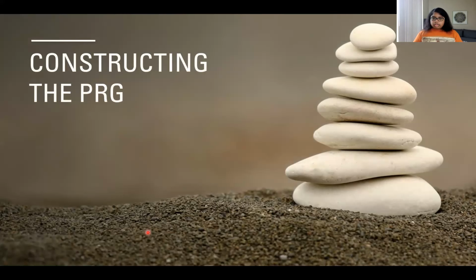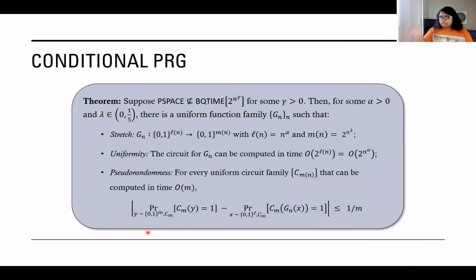Before I go into the construction of the PRG, are there any questions I can answer? Okay, if not, let's go ahead and try to construct this thing, or maybe deconstruct this thing, because you have to prove its security. So this is just a placeholder to help us recall what it was.